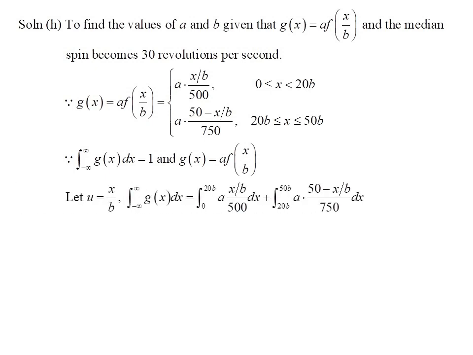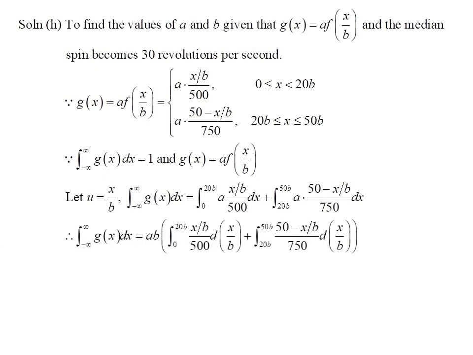If we let u equals x over b, the integral of g of x dx equals the integral from 0 to 20b of a multiplied by x over b, all divided by 500 dx, plus the integral from 20b to 50b of a multiplied by (50 minus x over b), all divided by 750 dx, which is finally simplified to ab, which equals 1. You may see the steps shown on the screen for details.